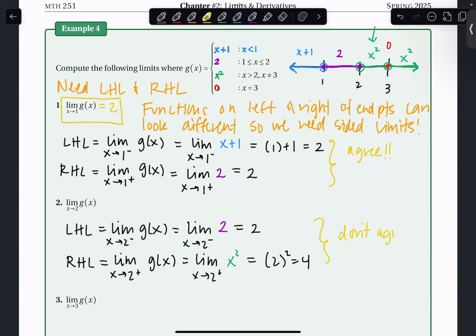They both exist, but one gives me 2, one gives me 4. In terms of the graph, what we'll see is a little jump, right? On the left-hand side for 2, it'll be filled in as 2. And then on the right-hand side, it'll be approaching 4. So they're really going to 2 different numbers here. So my overall limit doesn't exist because they don't agree with each other. So here I can say does not exist for my original question.